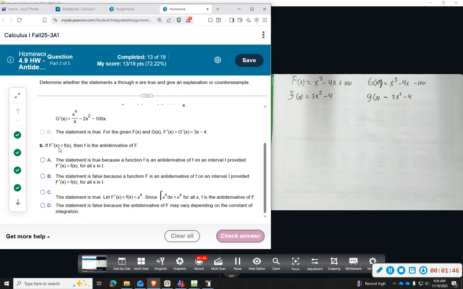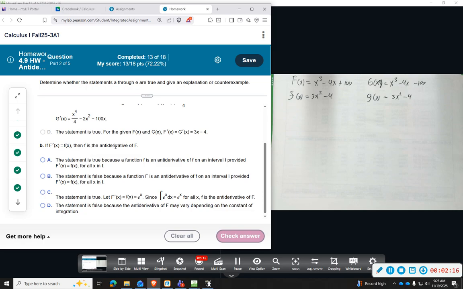Big F prime of x is equal to little f of x. Then f is the antiderivative of f? No. F is the derivative. The way they're using these, F prime is equal to little f of x.